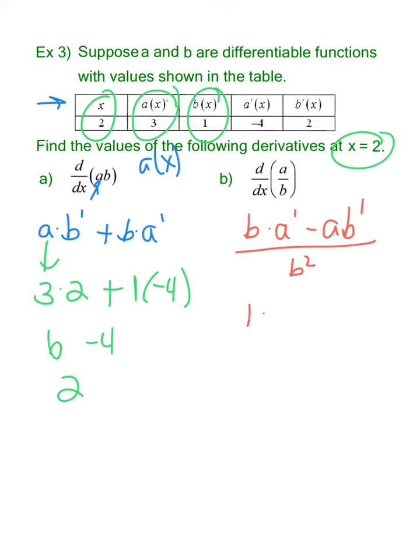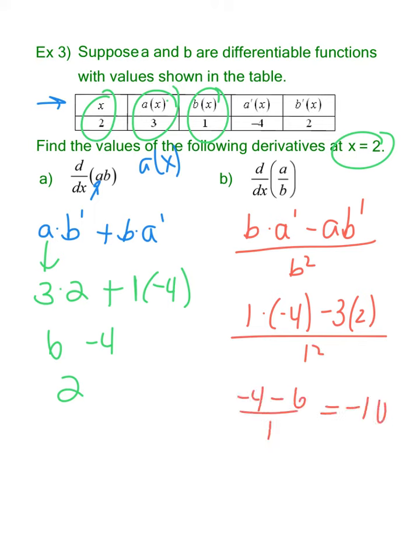We'd multiply that by the derivative at x equals 2 of a, which was negative 4. We'd subtract the value of a at x equals 2, which was 3, and multiply that by the derivative of b at 2, which again was 2 from the table, and then we divide that by the value of b, which was 1 squared. So that's negative 4 minus 6 over 1, which is just negative 10.